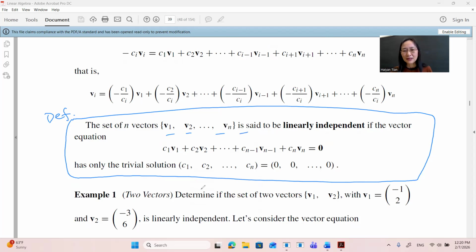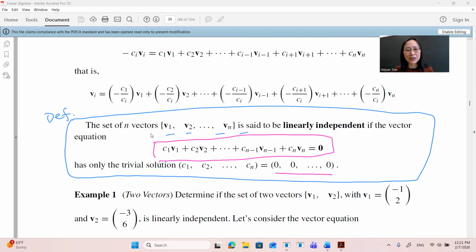Suppose you're given a number of vectors and you want to know if they are linearly independent. What we do is solve a homogeneous system, for example this system, and see if we have only the trivial solution.